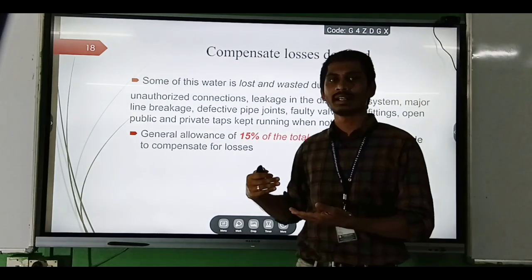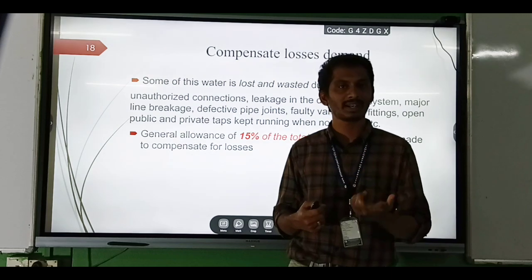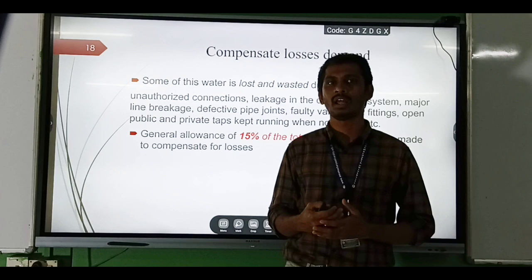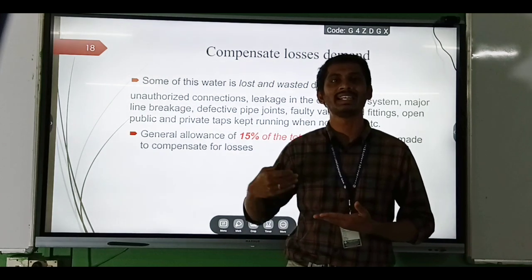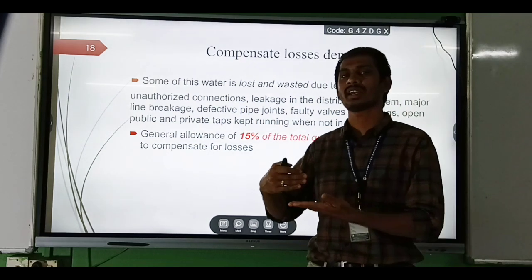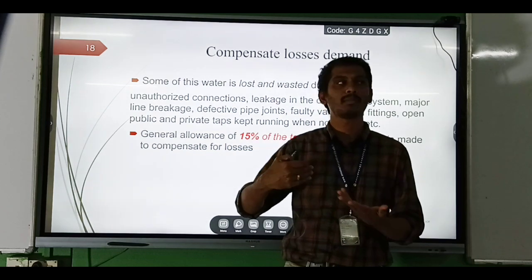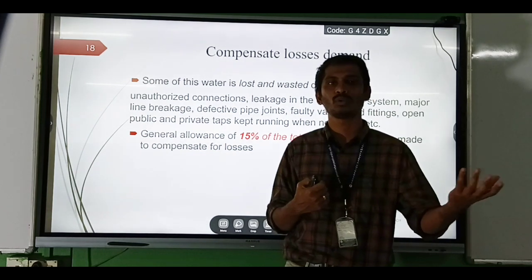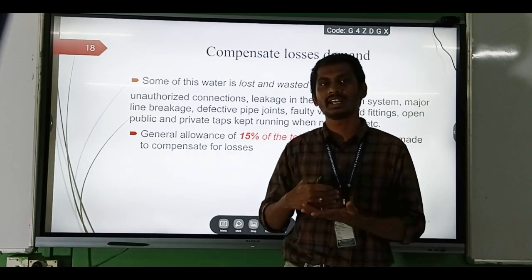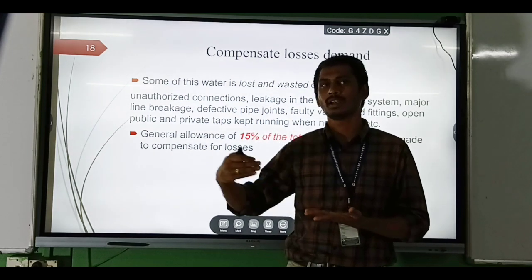Generally, at the time of supplying, if there is any improper connection, there may be chances of leakages. And in between, some people take illegal or unauthorized connections. So when the municipal authority designs the supply, for example, if you need to provide 100 liters to an individual, and there is any leakage or unauthorized connection, nearly 10 to 15 liters will be lost.